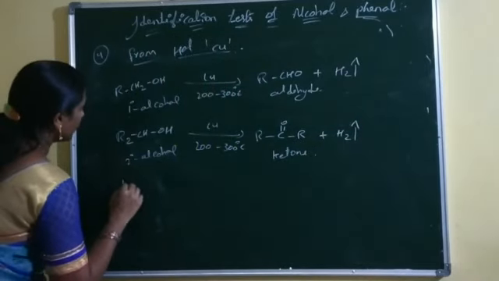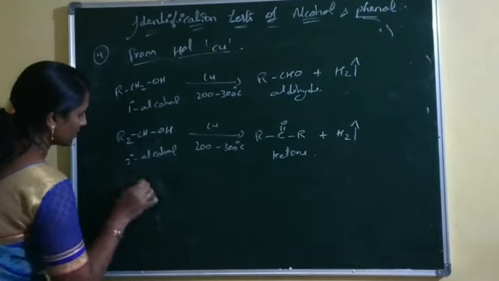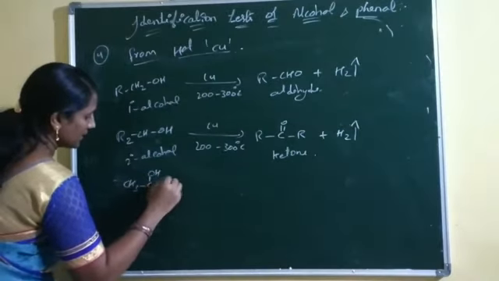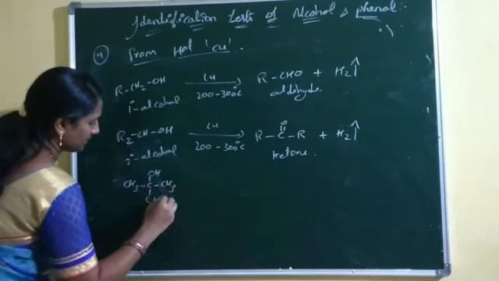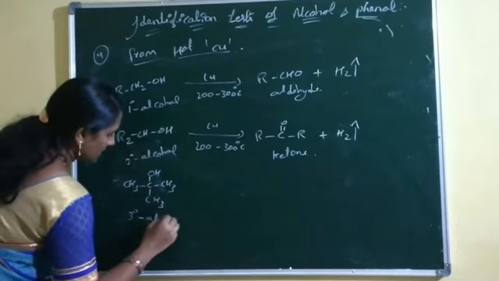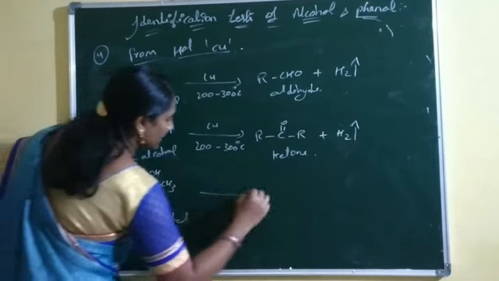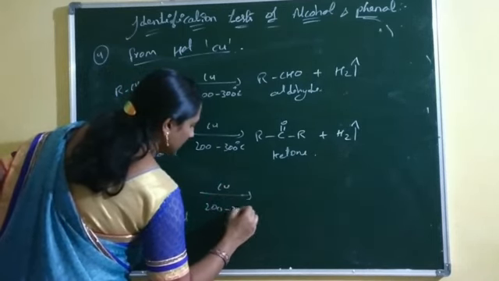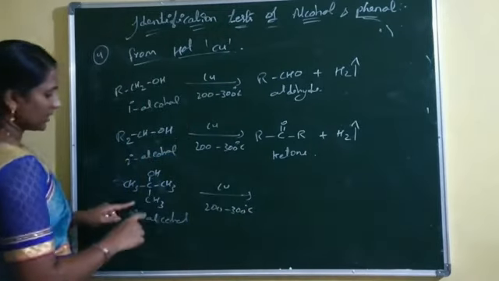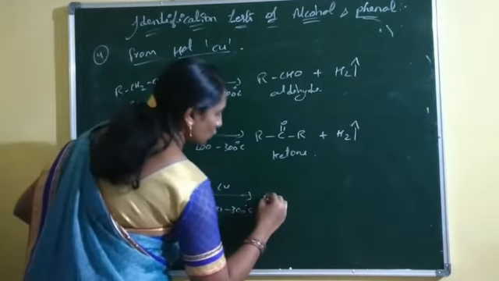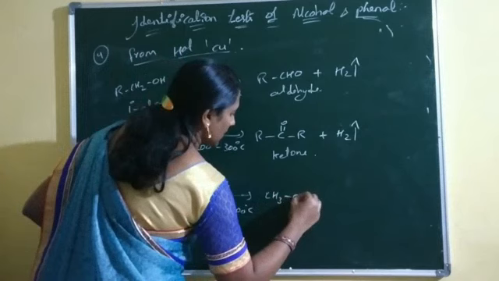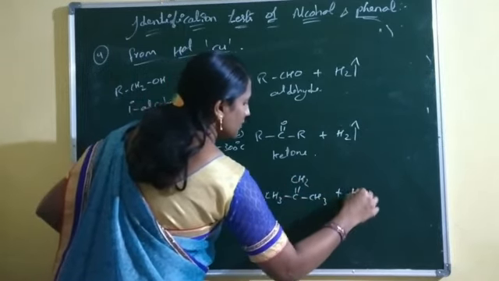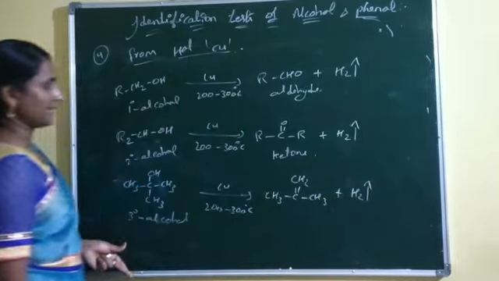And again you take tertiary alcohols like (CH3)3COH. This tertiary alcohol is treated with copper at 200 to 300 degrees centigrade. The tertiary alcohol turns to alkene functional group by the liberation of H2 gas.